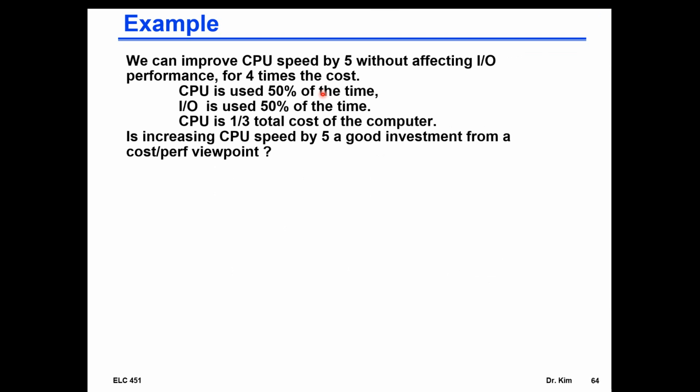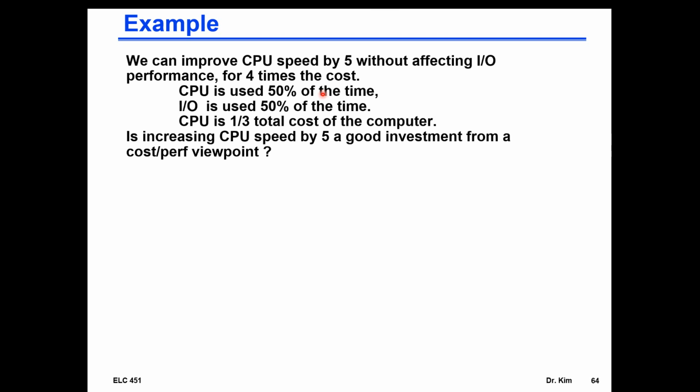So another problem that you may see: we can improve a CPU speed by 5 without affecting the I/O performance for 4 times the cost. Now we're talking about a system. It has a CPU and an I/O subsystem. The I/O is used 50% of the time, and the CPU is used 50% of the time.